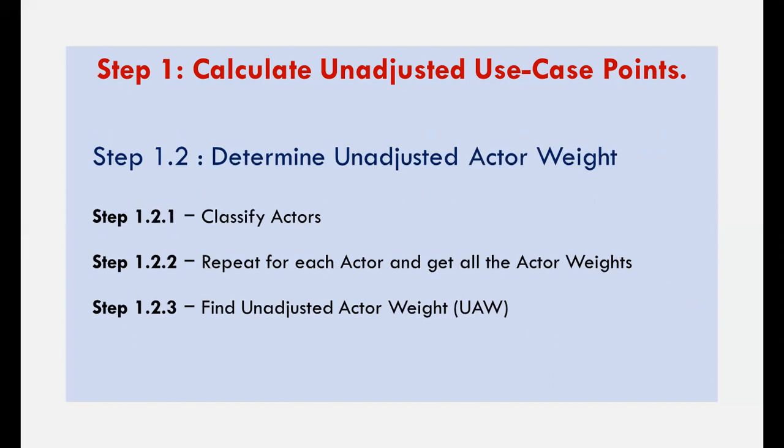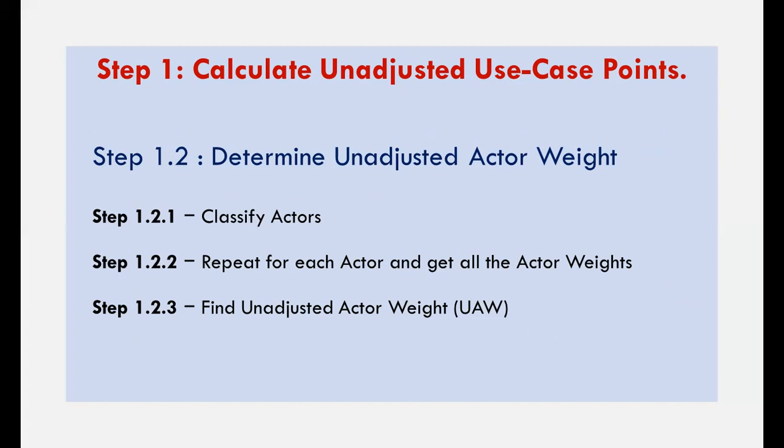Some actors, such as a system interacting through a protocol, have more needs and increase the complexity of the use case to a certain extent. And other actors, such as a user interacting through a GUI, have a significant impact on the complexity of the use case-based system. Based on these differences, you can classify actors as simple, average and complex.